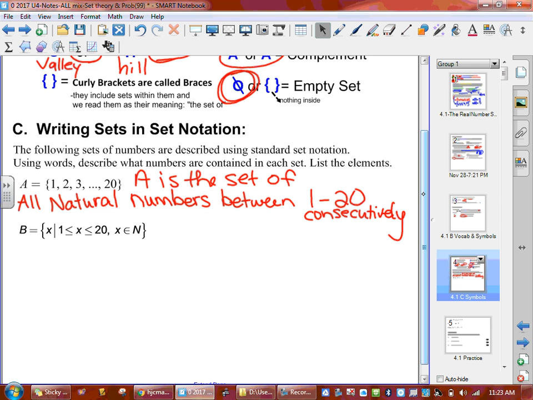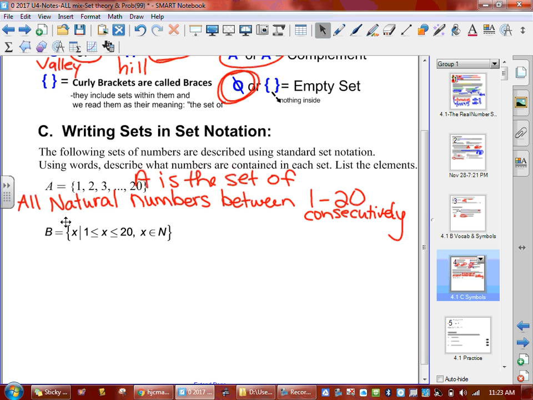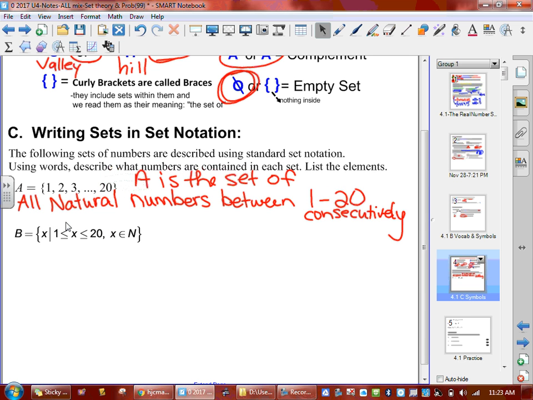This one is written differently. Does it describe anything differently from set A? Take a look at the way it's written. Whenever we see symbols written this way, what does that mean?